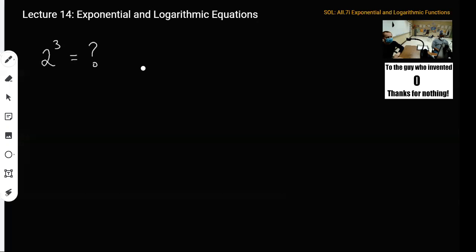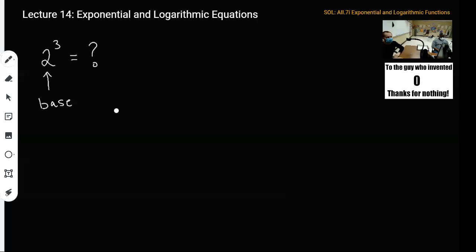So I thought I'd start off today with this question because we're never really told what an exponential expression is. But an exponential expression is always going to have three things. It's always going to have the base, so the number that we're raising to the exponent, that's what we're calling the base.